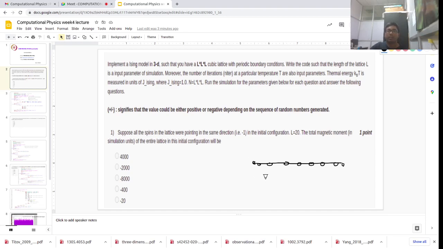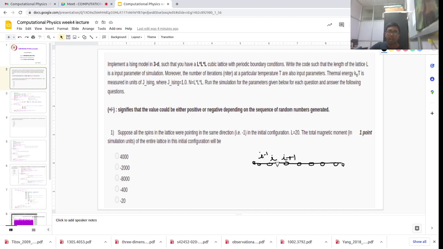Whenever you are considering the nearest neighbors for a particular spin or lattice site, let's say this is I, for this it will be I plus 1, right? And this will be I minus 1, right? So for this side, these are the nearest neighbors.